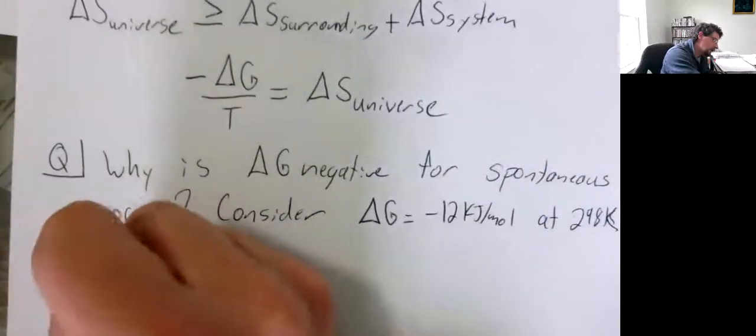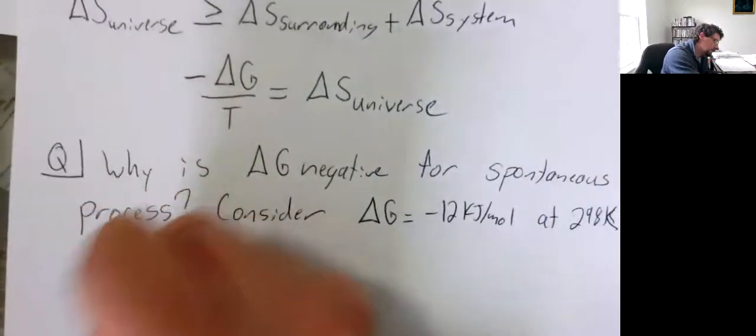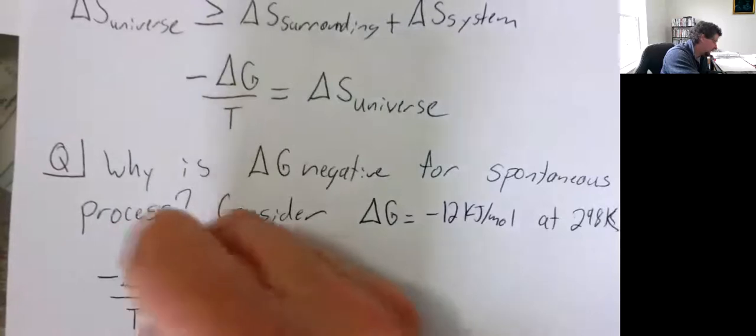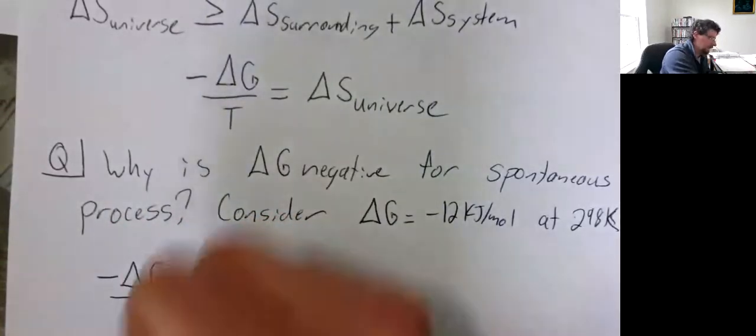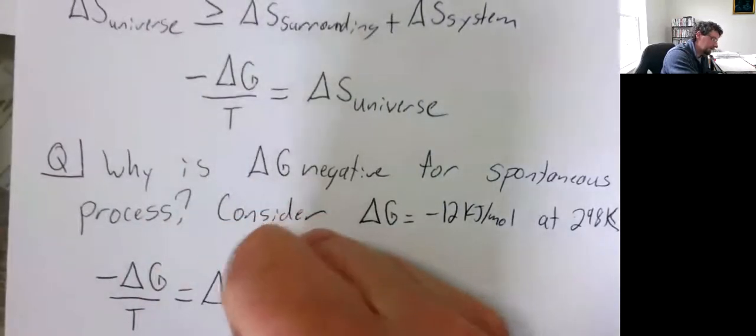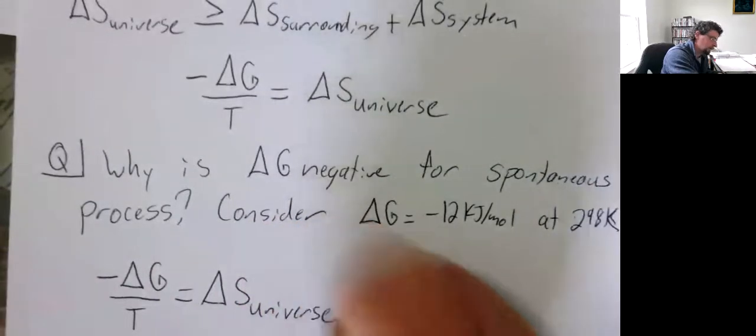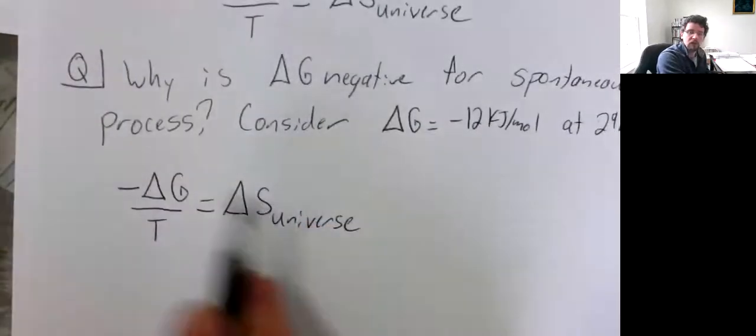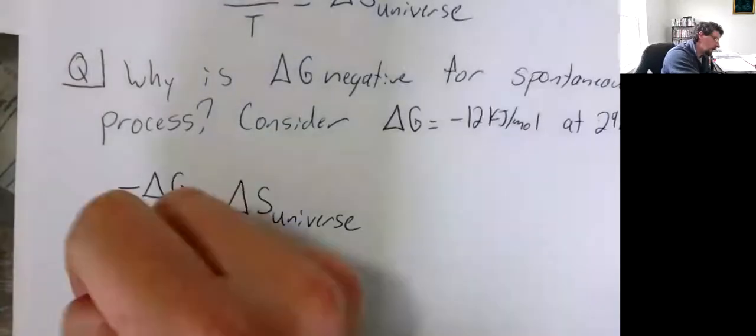In that case, we know negative delta G divided by T is equal to the delta S of our universe. So really, what we're trying to do is find a relationship between these two. So let's plug this in.